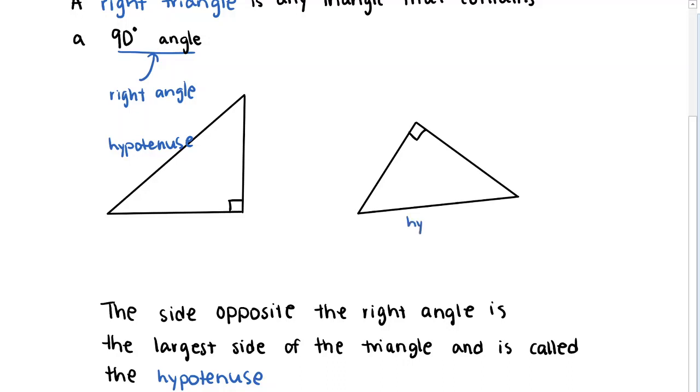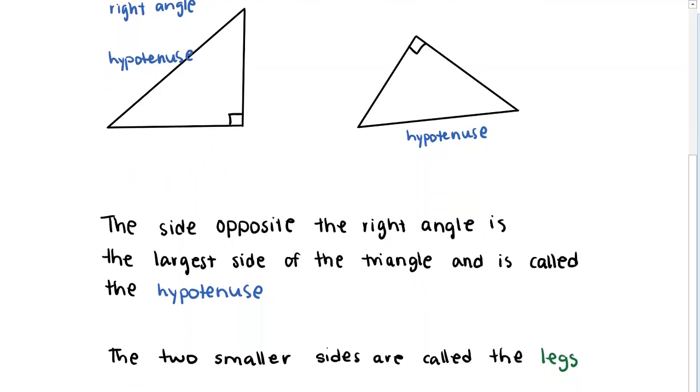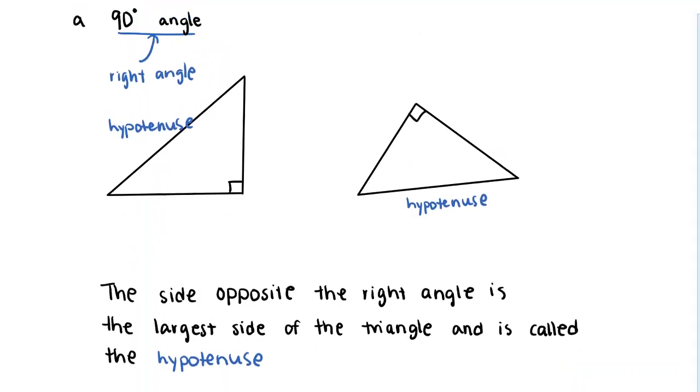So here's the hypotenuse. And then the other two smaller sides are called the legs. In our picture, these two sides are our legs.